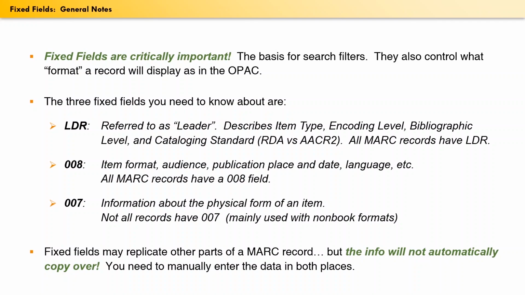However, the data will not automatically be transferred from one place to the other. You need to manually enter it or manually change it in both places. And yes, I know that's kind of a pain, but it's one of those things you just need to grit your teeth and do.